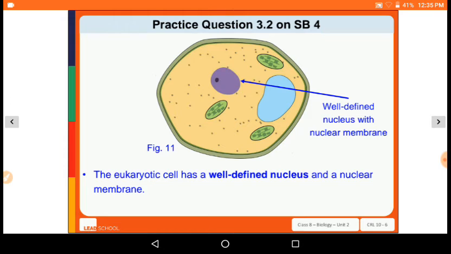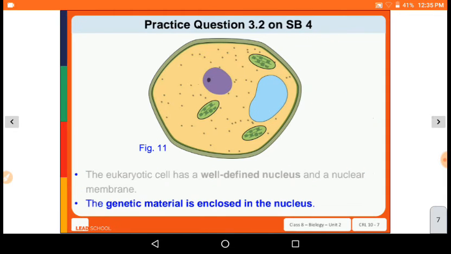In figure number 11, there is a well-defined nucleus with a nuclear membrane. So it is a eukaryotic cell, which has a well-defined nucleus and nuclear membrane. The genetic material is enclosed within the nucleus.